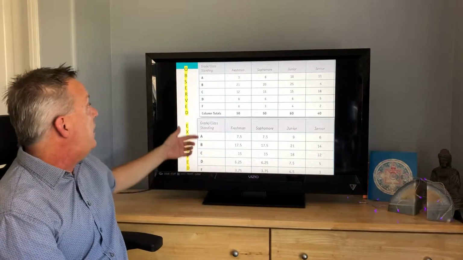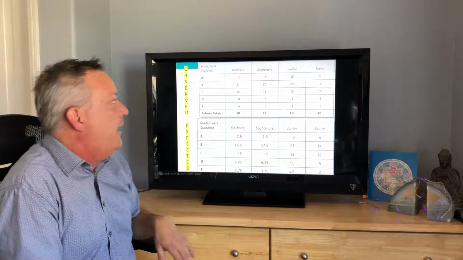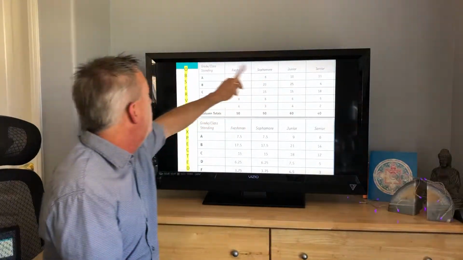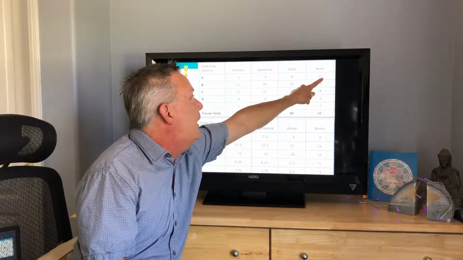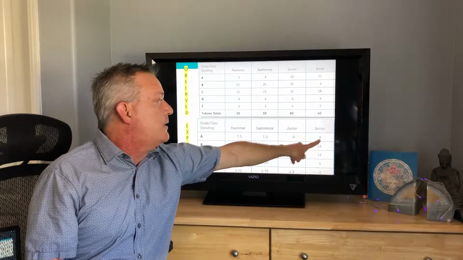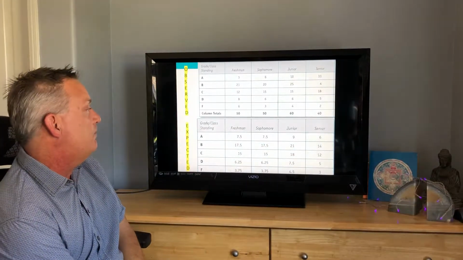And as you can see from observed, let's just check out A's, because, hey, A is pretty cool, right? And let's check out the seniors. The seniors observed, they earned 11 A's, but we only expected them to earn 6 A's. So it looks like the seniors, boom, did pretty well, right?